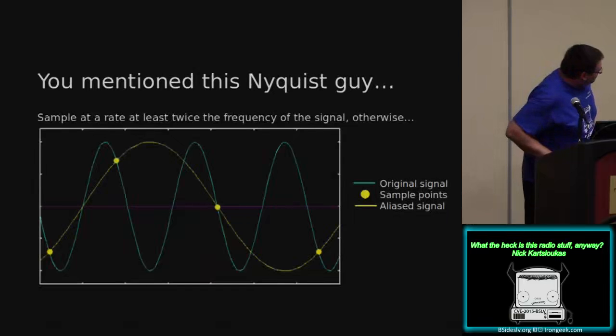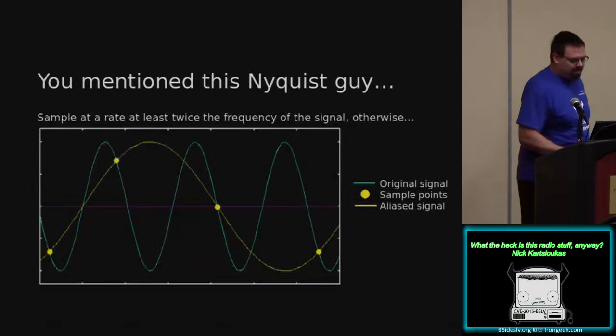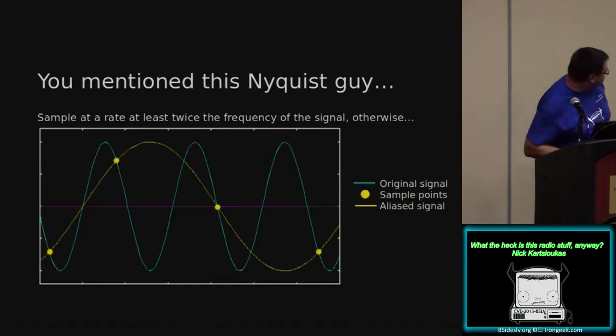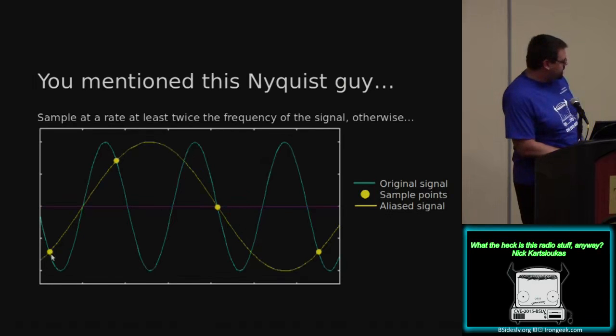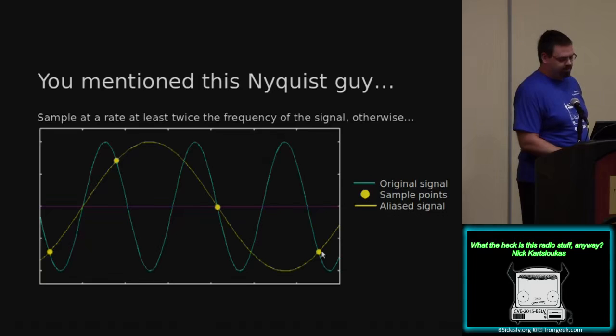oh, that is hard to see. Well, we've got a blue high-frequency signal. My mouse over there. There's my mouse. So we've got our blue high-frequency signal oscillating here. We are sampling it at these yellow dots here, at each of these points, at a much lower rate than the original signal.